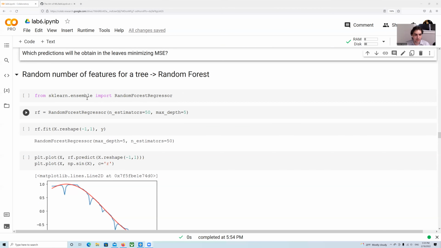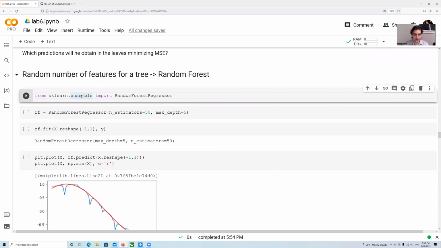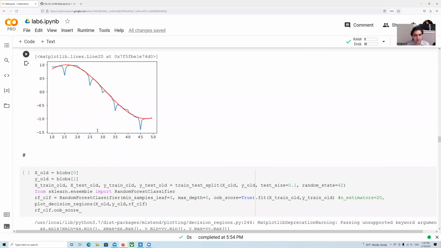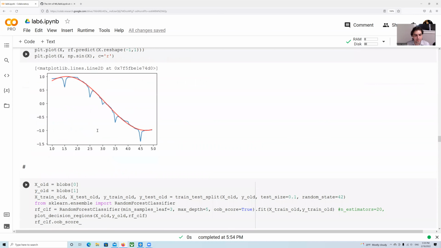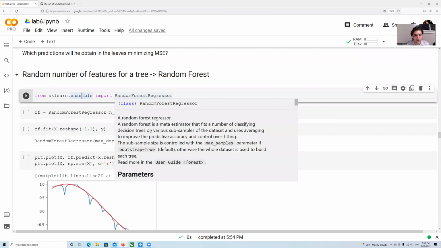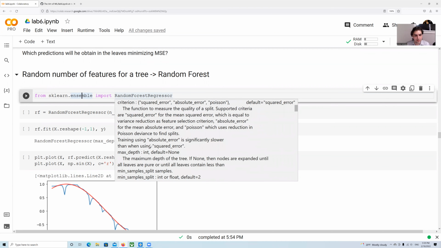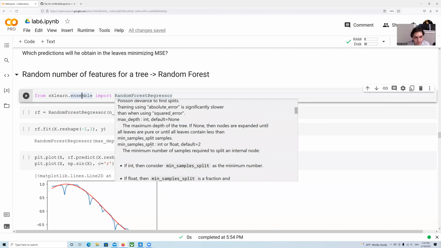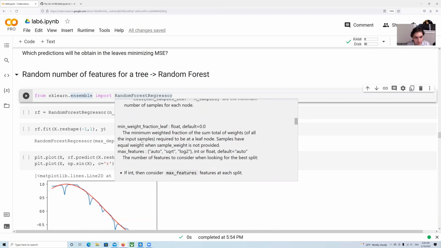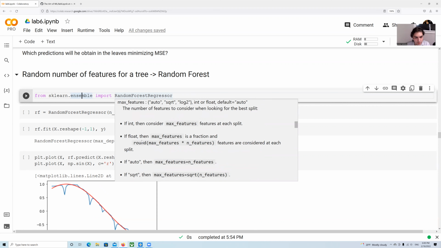And now let's try to train random forest for our simple example. And in random forest, there is a parameter for the number of features that we use, max features.